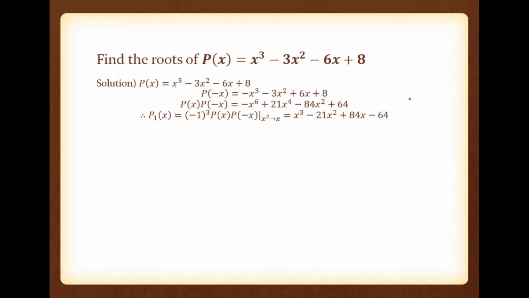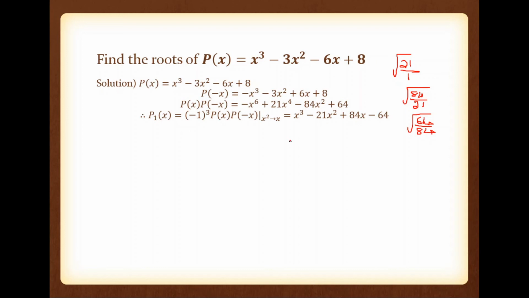What are the coefficients? First root, because this is p1, so 2 raised to 1, so that is the square root. Absolute value, we are taking the absolute value, so 21 divided by 1, that is 1 root, 21 divided by 1. Next one is 84 divided by 21, we are taking the magnitude only, so square root of 84 divided by 21. Next one is square root of 64 divided by 84.